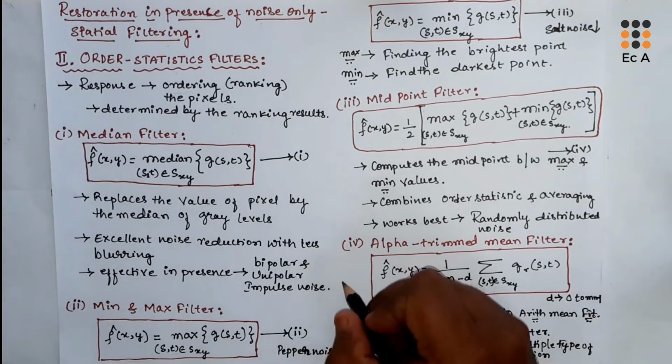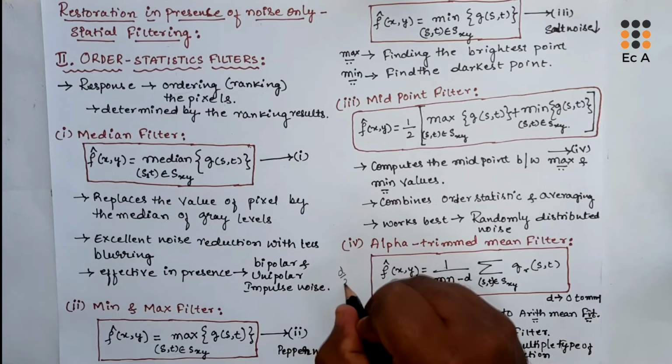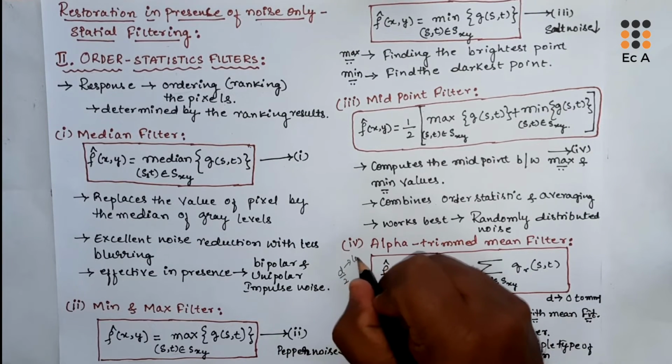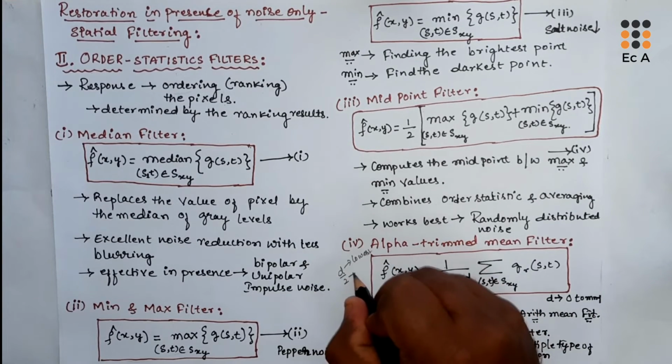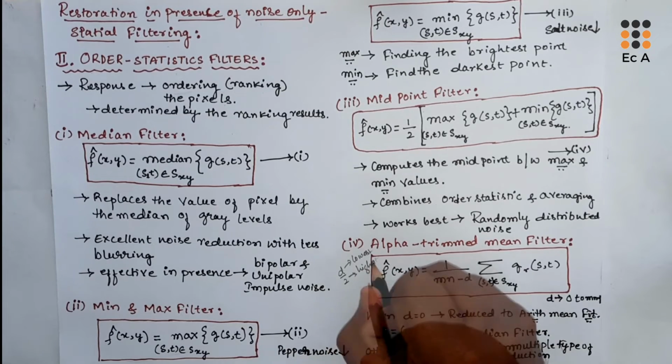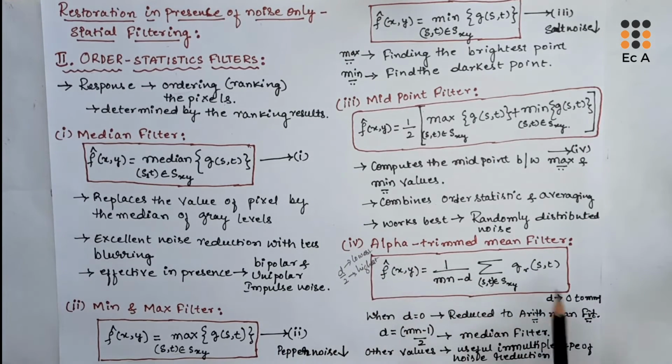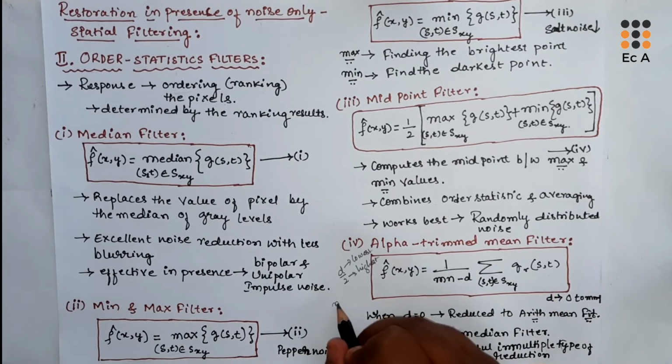The next type of filter is the alpha trimmed median filter. Let us say we remove the d by 2 lowest and d by 2 highest gray level values of g of s comma t, then g r of s comma t represents the remaining mn minus d pixels.